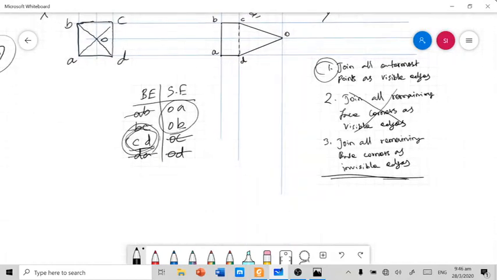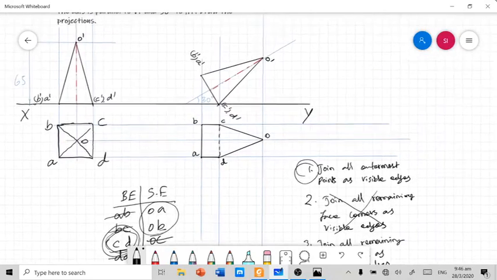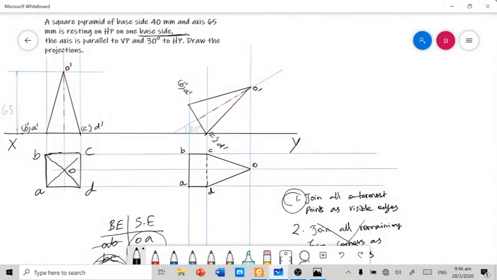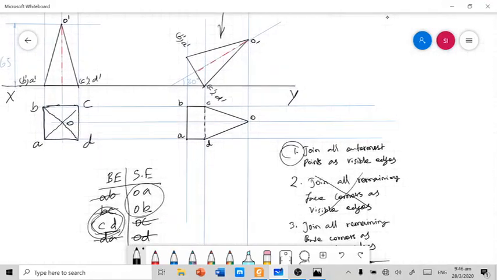So the fourth rule is about side edges. The side edges can be decided whether they are visible or invisible by seeing the front view from the top. So the edges OA and OB are the remaining side edges not yet joined.